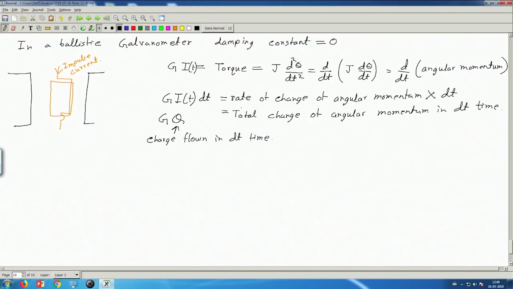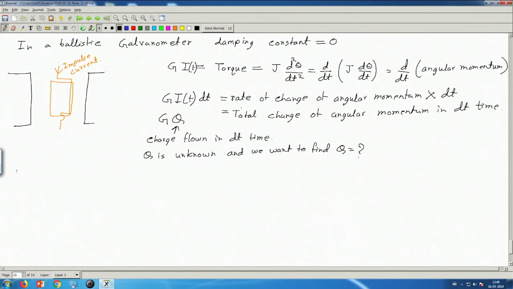We want to find out the value of Q. Q is unknown. Okay. So we know GQ is equal to total change of angular momentum in dt time.